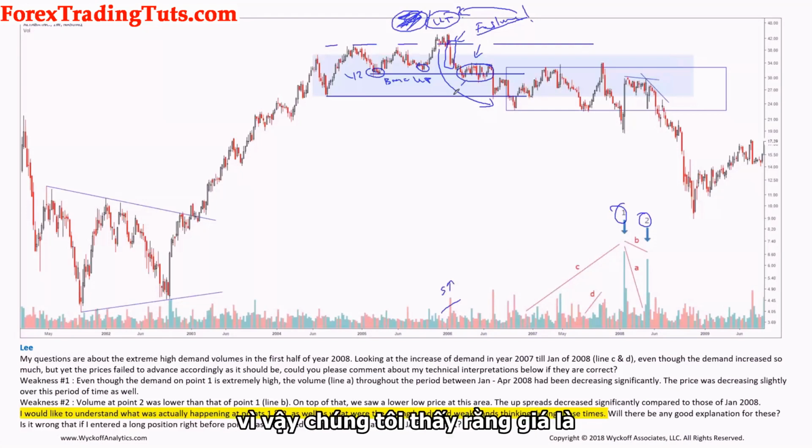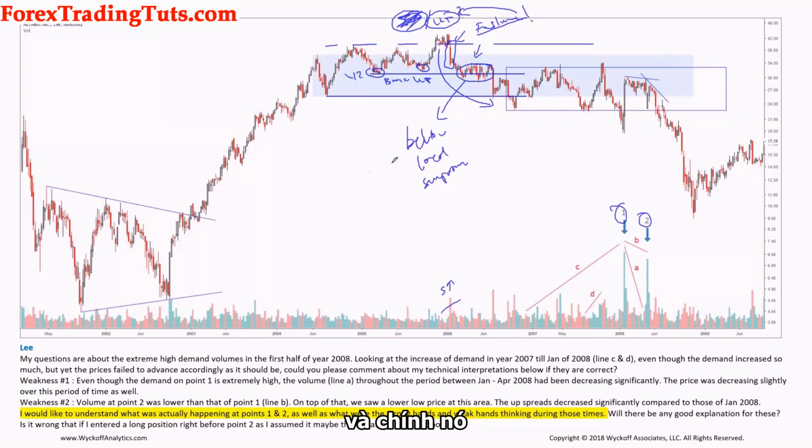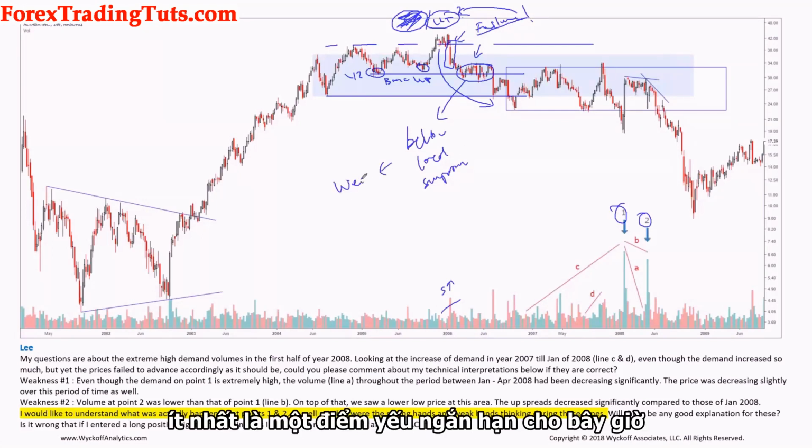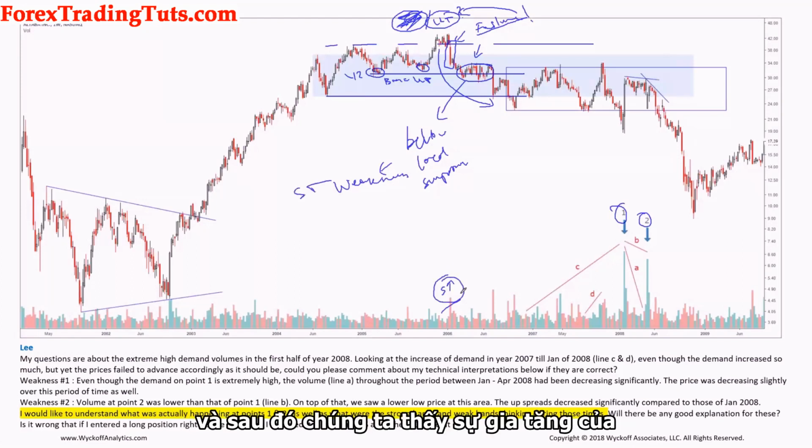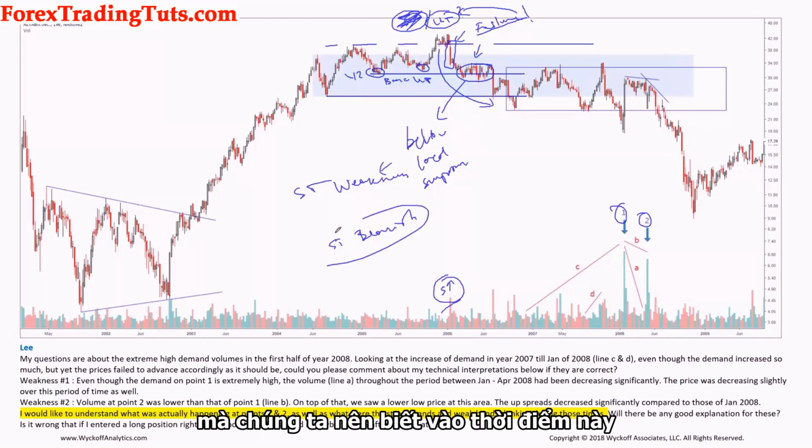So we're seeing that the price is committing below local support, and by itself, it's a weakness, at least a short-term weakness for now. And then we see the increase in the effort behind the increase in the supply. So that suggests to us that there is some kind of short-term bearish bias that we should be aware of at this point.